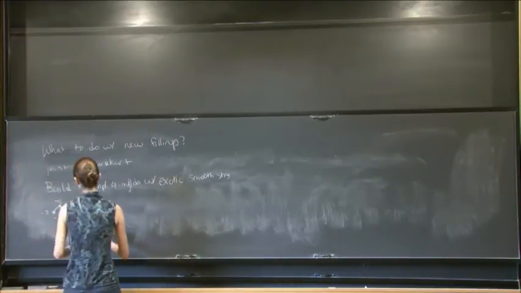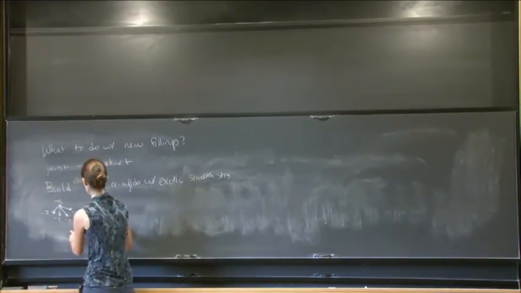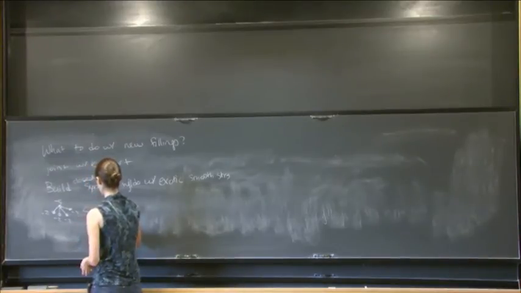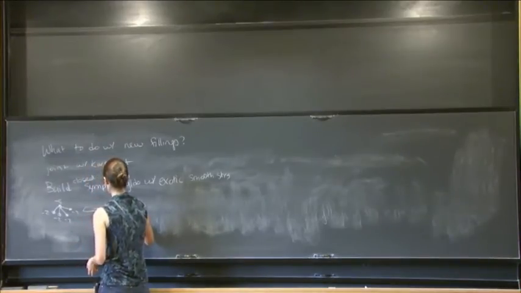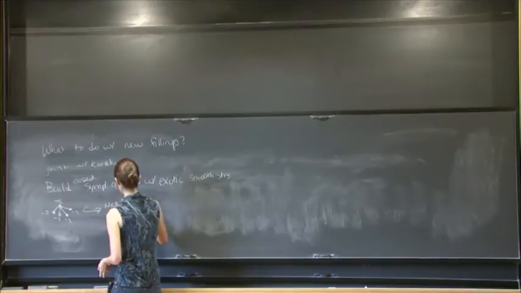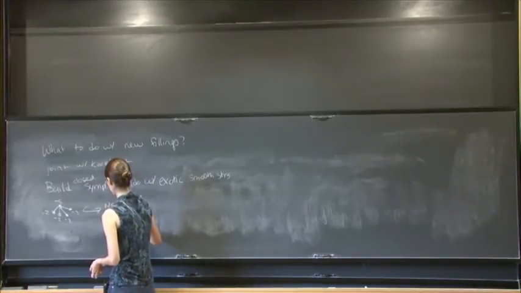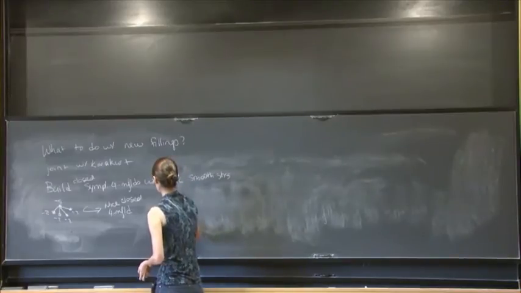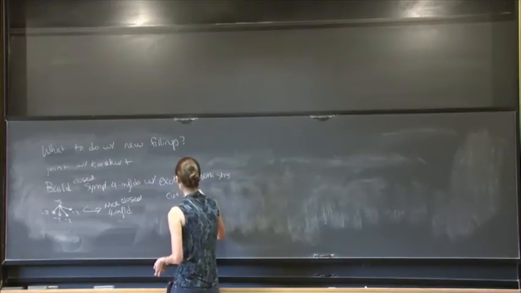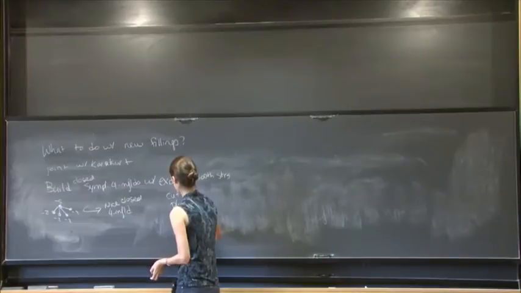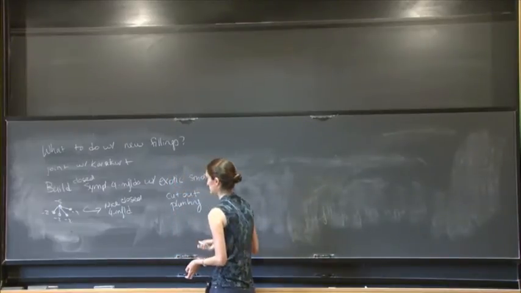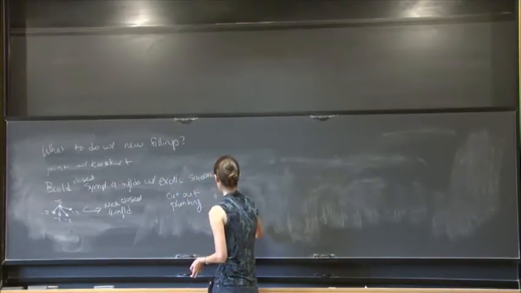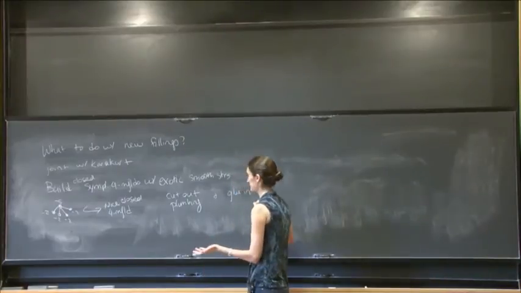And so if you find this embedded inside some nice closed four manifold that you understand, then what you can do is cut out the plumbing, so cut out a neighborhood of these symplectic spheres, and glue in any other symplectic filling.